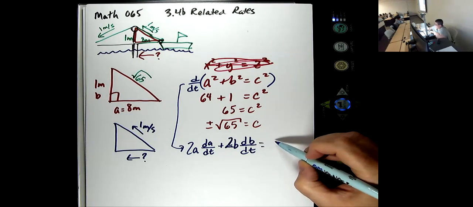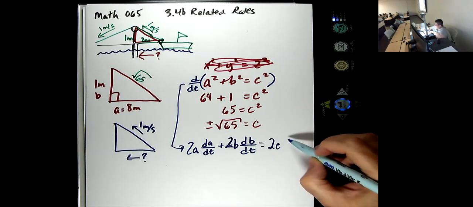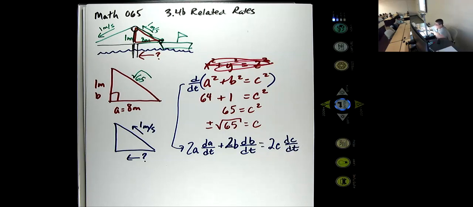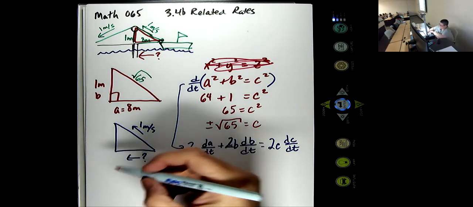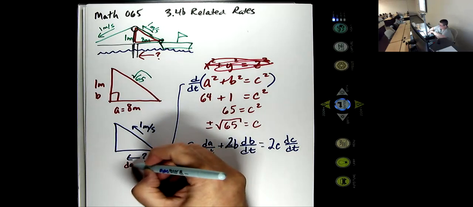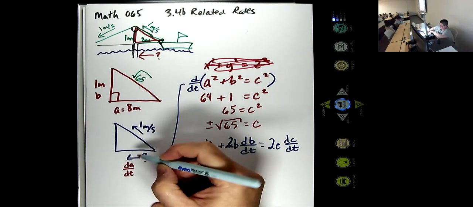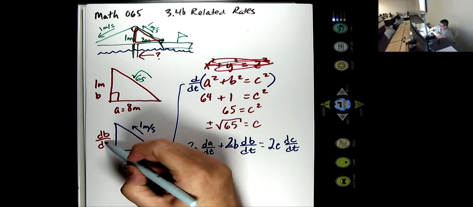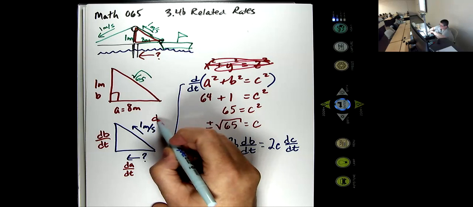And c squared gives us 2c dC/dt. Maybe I need to label these right here. A was on the bottom, so this is dA/dt. dB/dt is right here, and C was the hypotenuse.